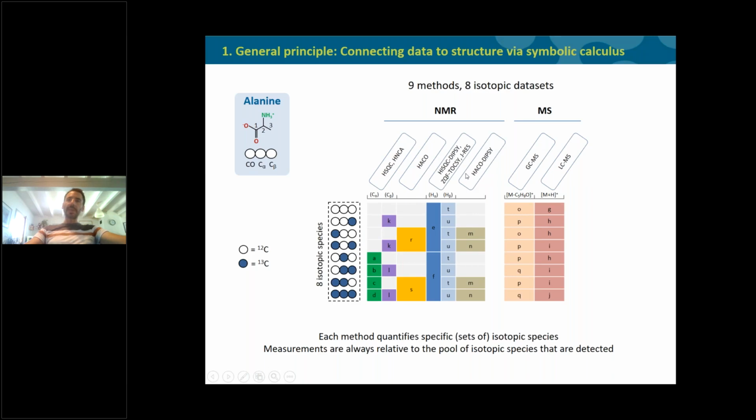So, for instance, with the HSQC TOCSY NMR experiment, we can quantify these 4 forms. With GCMS, we can also quantify the forms having incorporated 0, 1, 2, and so on isotopic species. Each method quantifies specific sets or subsets of isotopic species, and measurements are always relative to the pool of isotopic species that are detected. And this is what we will exploit to integrate the different data.